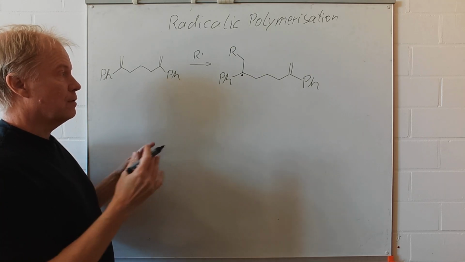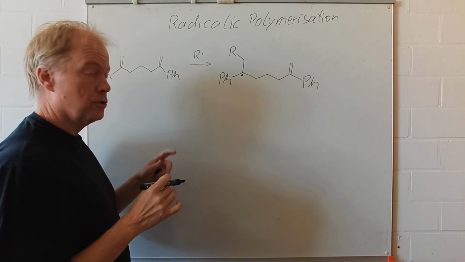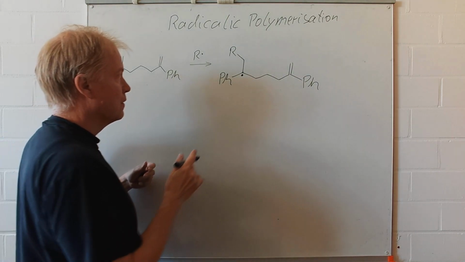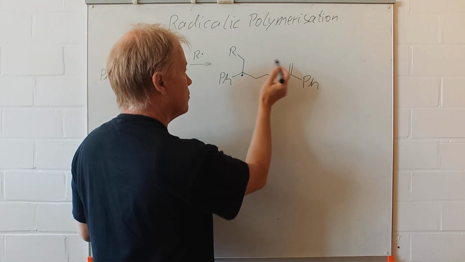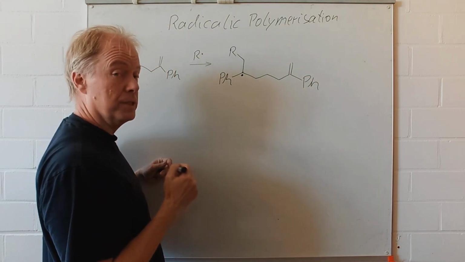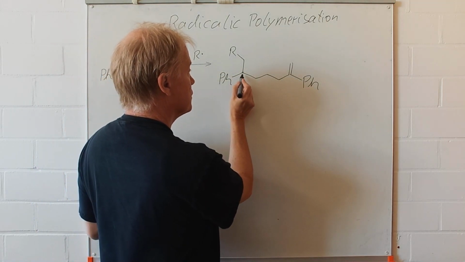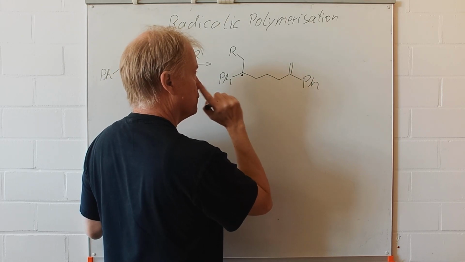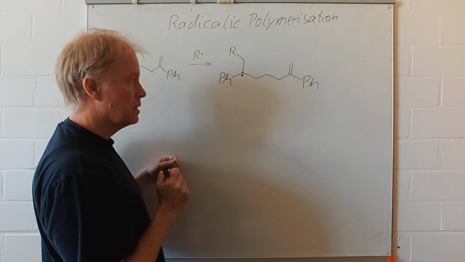If we now have a low concentration, if we work under diluted conditions, then the intramolecular reaction will preferably occur, and this means that the radical center will interact with the terminal double bond.